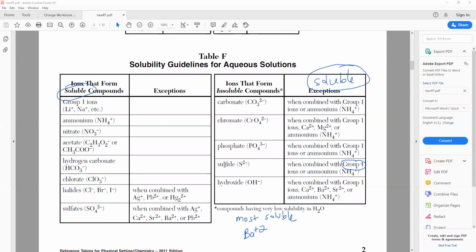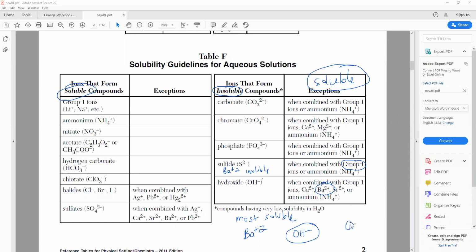Well, barium is plus 2, therefore it's going to be insoluble. The next choice is the hydroxide. Hydroxides are mostly soluble, unless they combine with barium plus 2, that makes them soluble. So we're going to say hydroxide should be the answer, but let's check the other choices.